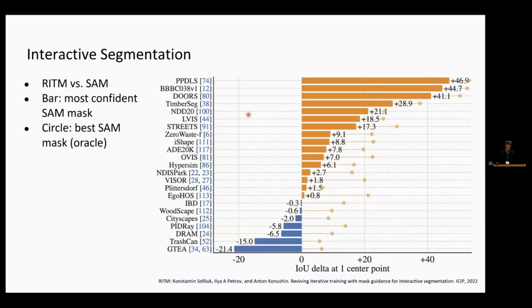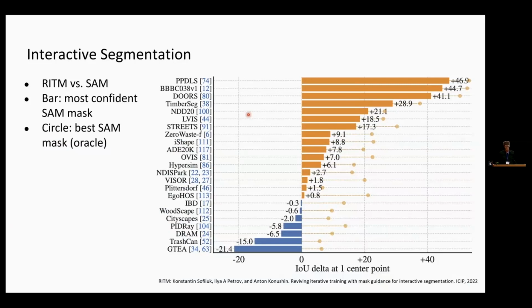there's a problem. The same ambiguity issue that occurs at training occurs at evaluation. Maybe because SAM has not been trained on any of these data sets, it doesn't know what the right object is, and so it's very possible it's returning a valid but incorrect object for the data set in question. So we also show, just to make the argument, of the three masks that SAM outputs, which one best matches the ground truth.